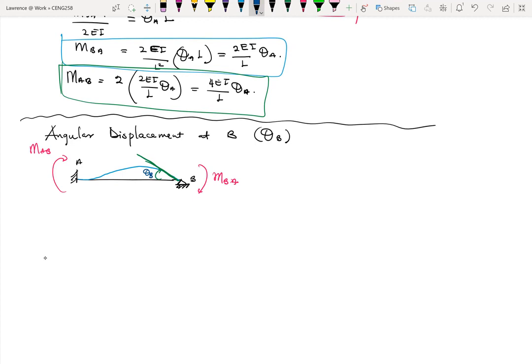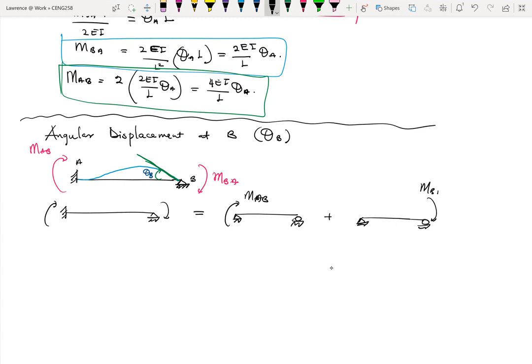Now, to find theta B, the approach is very similar to how we found theta A. I'll run through this one quickly because we've already done the one for theta A. For theta B, we have the actual structure with the moment, and we break it into two cases, with MAB and MBA. These are beam one and beam two.